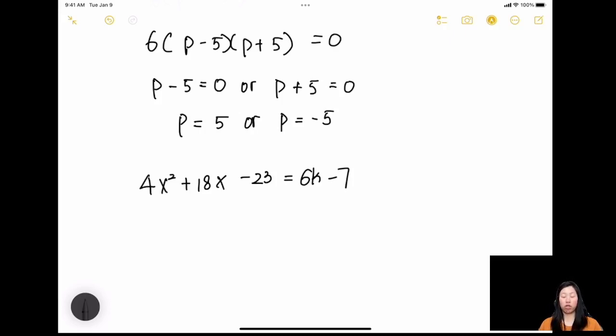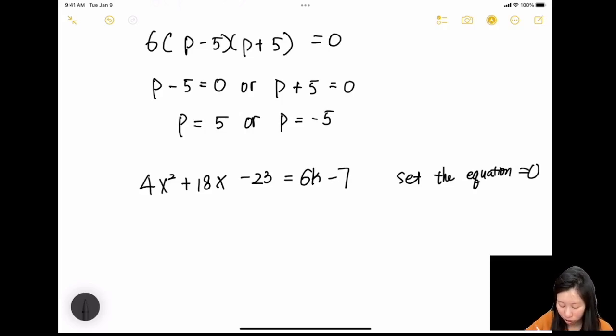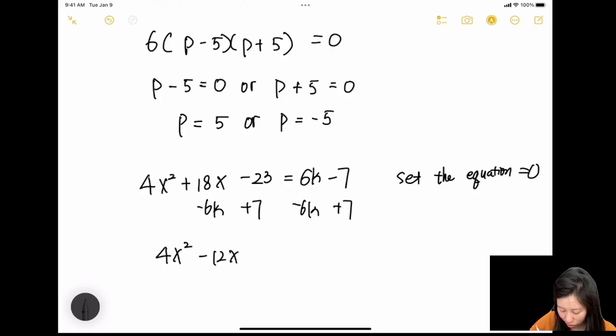Well, the first step is to set the equation equal to 0. So we subtract 6x on both sides and then add 7 on both sides. So I have 4x squared plus 12x and then negative 16 equals 0.